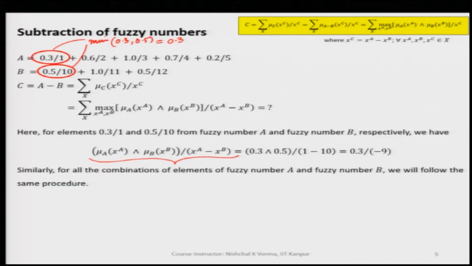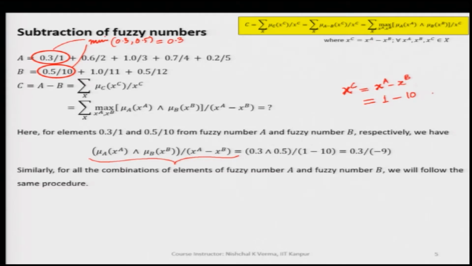So, the generic variable value will be x_c here for this case, and x_c will be nothing but x_a minus x_b. x_c is equal to x_a minus x_b, and in this case x_a is 1 and x_b is 10.